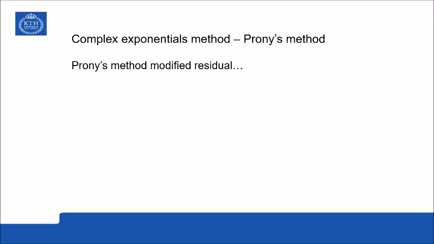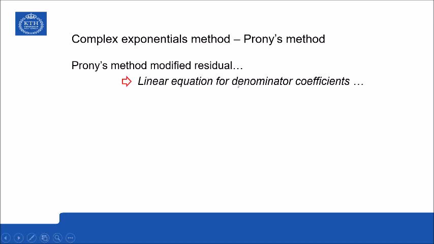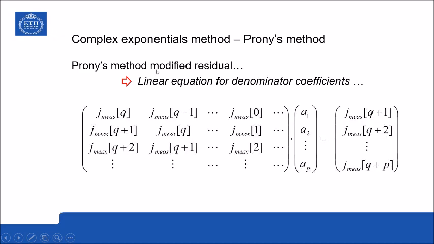From another presentation we know that Prony's method, when we use the modified residual, will give us a linear equation for the denominator coefficients a_n. If we write this linear system of equations in matrix-vector form, we find that the system matrix is built up from sampled versions of the system impulse response function, which we can calculate from our measured frequency response functions.